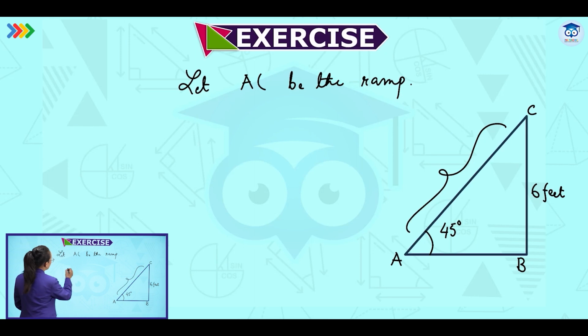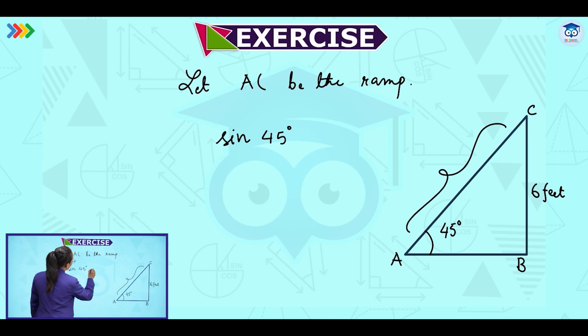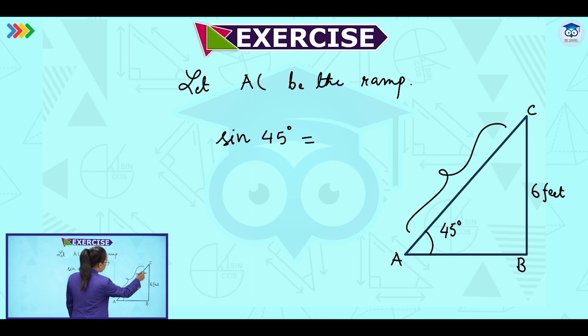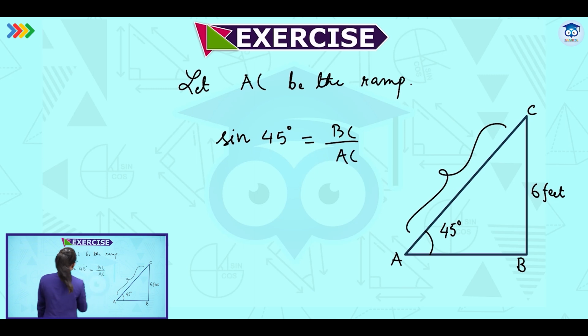So we need sine. So sine 45, which is equal to opposite, that is BC upon AC. So sine 45 we know it's what? 1 upon root 2, right? And BC value is 6 and AC is unknown.